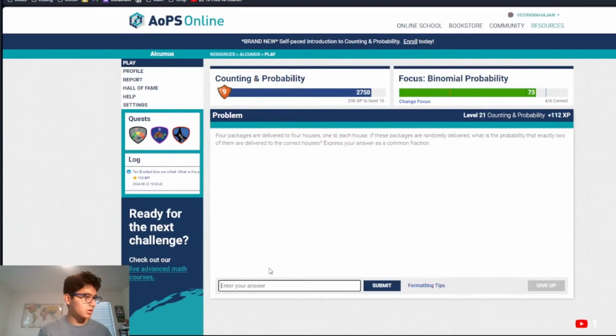Okay, great. One more. Four packages are delivered to four houses, one to each house. What is the probability that exactly two of them are delivered to the correct houses? So the two houses that are correct, you just have to pick those, right?